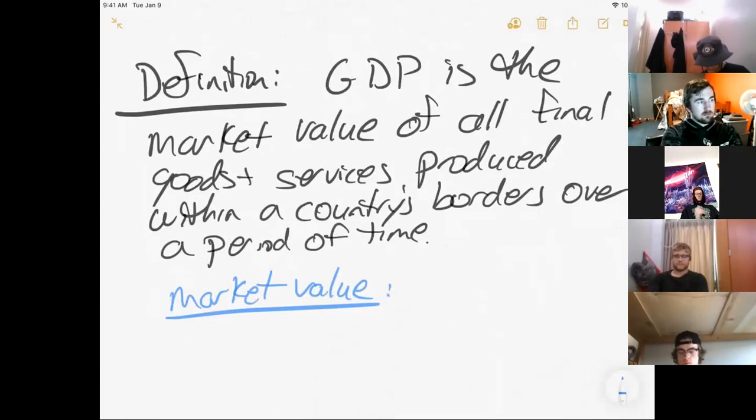If you owned a house and I said, tell me the market value of your house, what would you do? Oh, just like the cost, not really the cost, but like the value of your house, of your product. How would you figure that out?